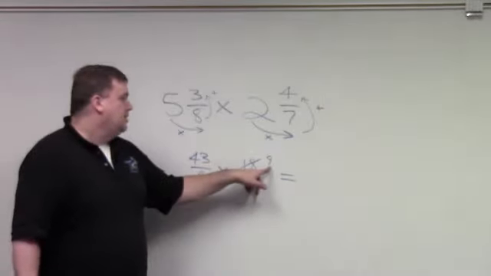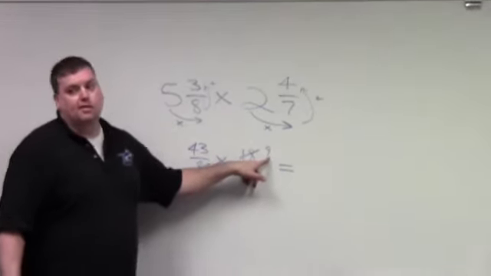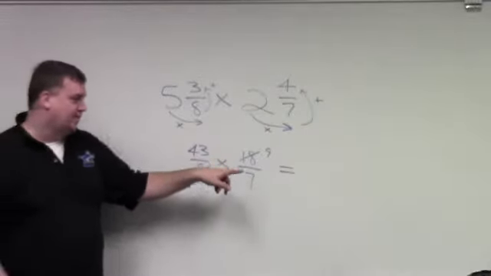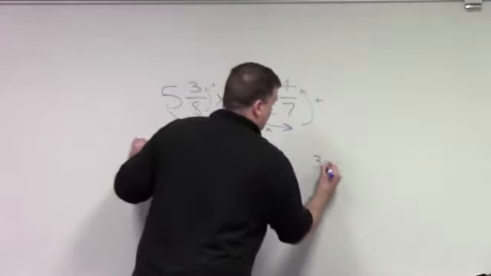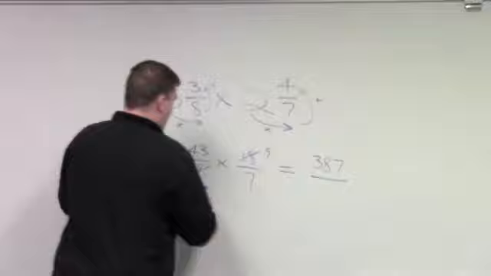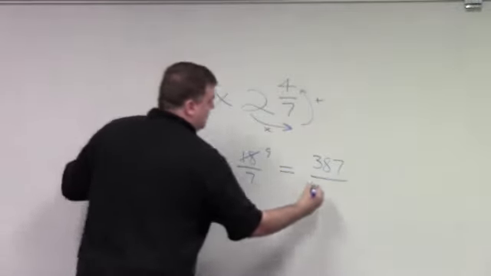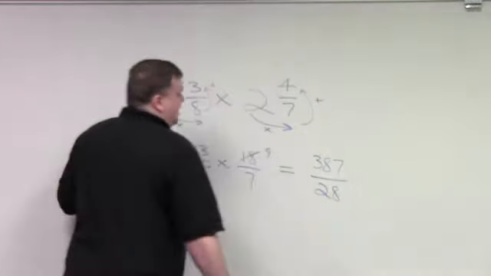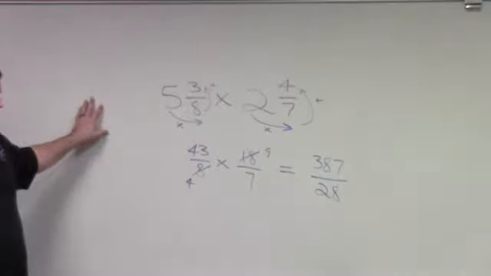43 times 9. Anybody got that? 387, correct. 4 times 7, 28. Then I need to convert it into a mixed number.